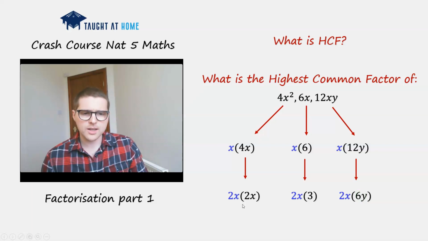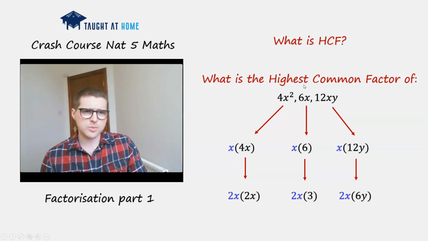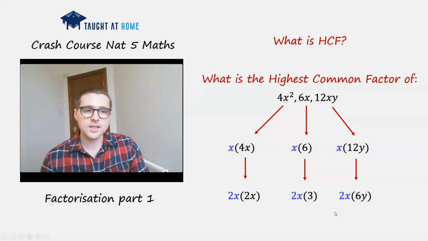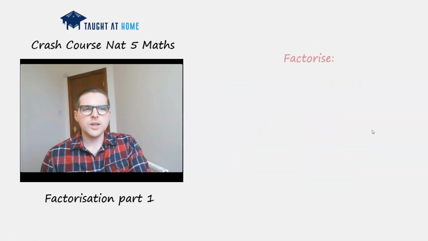And now when we multiply these brackets out, 2x times 2x would give 4x squared, 2x times 3 would give 6x, 2x times 6y would give 12xy. And this value here, 2x in front of the brackets, that is the highest common factor between this set of numbers. So now we can factorise expressions.